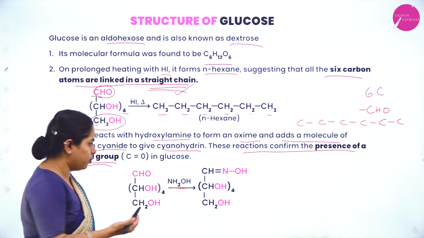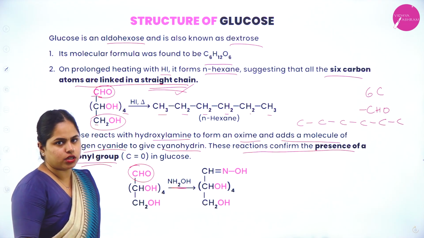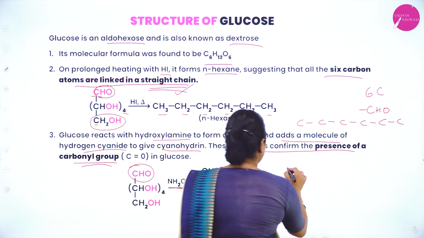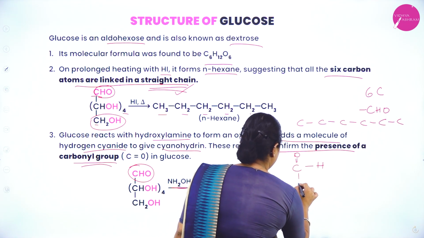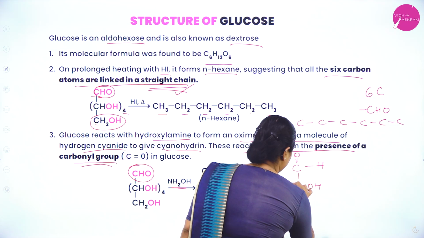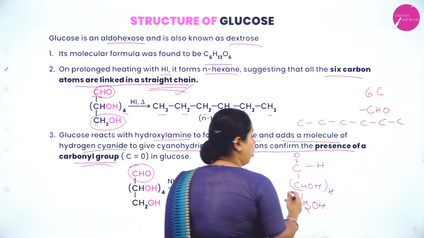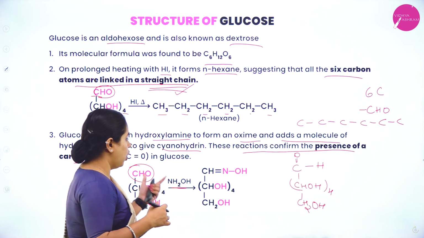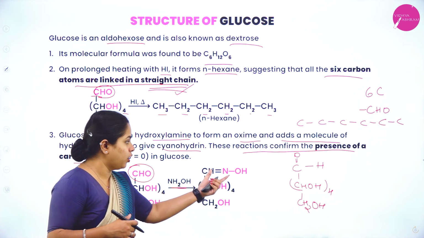Which is the carbonyl group? Aldehyde is present here, right? As of now, we don't know. We are coming to the structure. Okay, so you can see here the CHO which is written here, it is C double bond O H, right? And you have CHOH 4 times and you have CH2OH. So what did we confirm now? Because when it is reacting with hydroxylamine, it is forming an oxime.